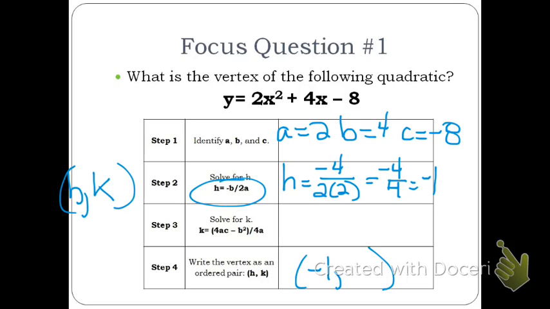To find your k value, it's equal to 4 times a times c, so 4 times your a value times your c value, minus b squared, or 4 to the second power. That whole quantity divided by 4 times a, which is 2.